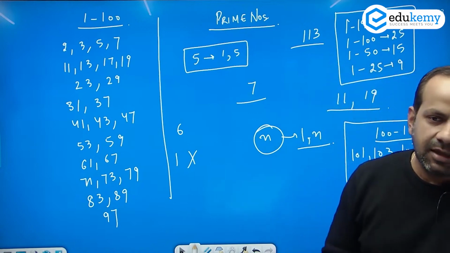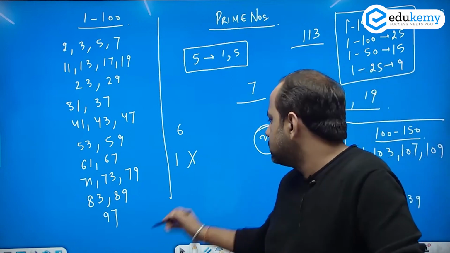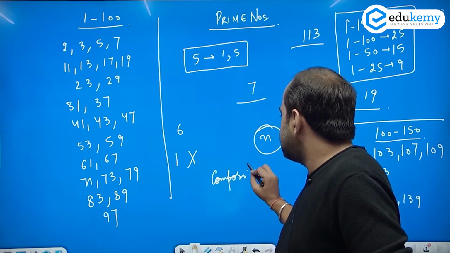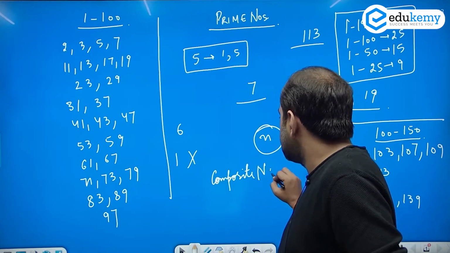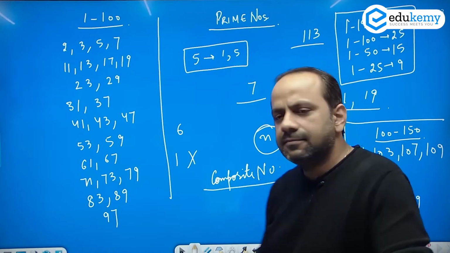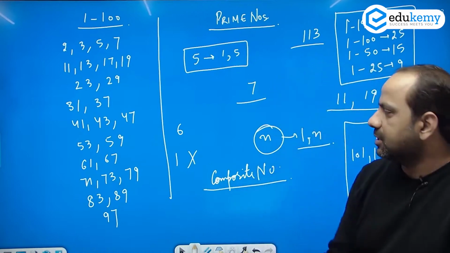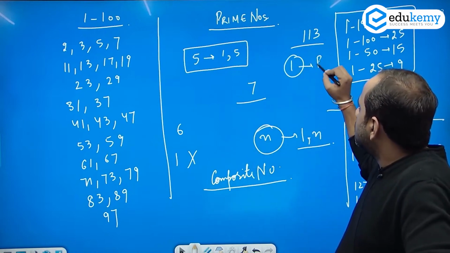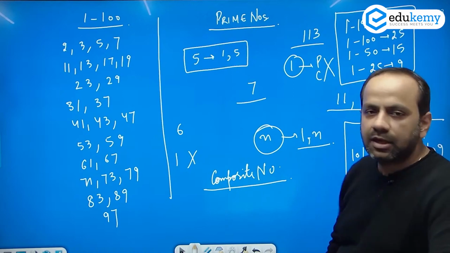And what are composite numbers? We can say the numbers which are not prime, they are composite. Yes or no? Why? Because 1 is the exception. 1 is a number which is neither prime nor composite. Okay.